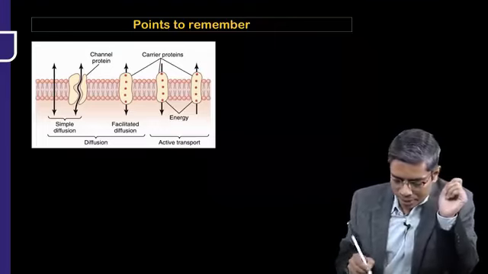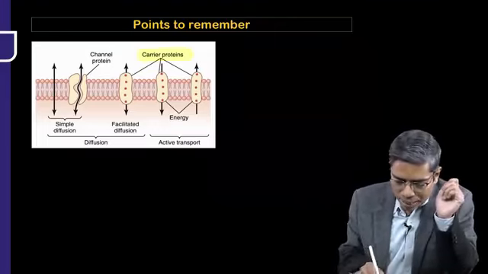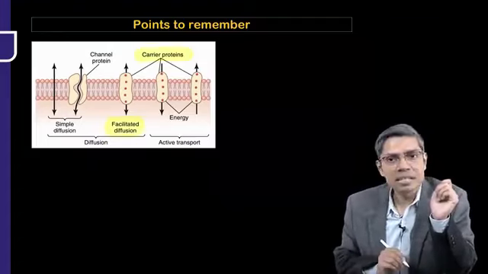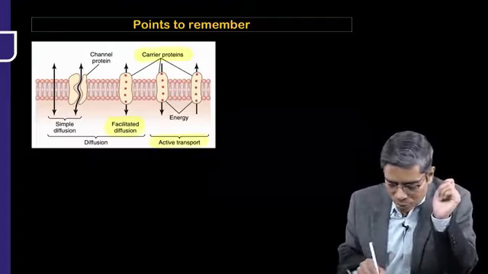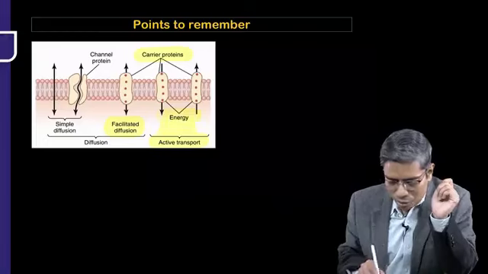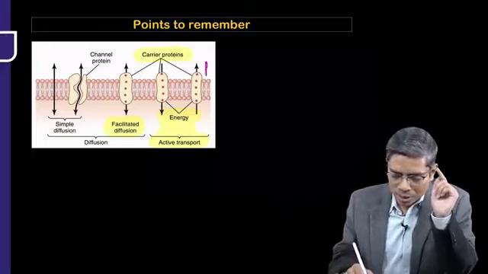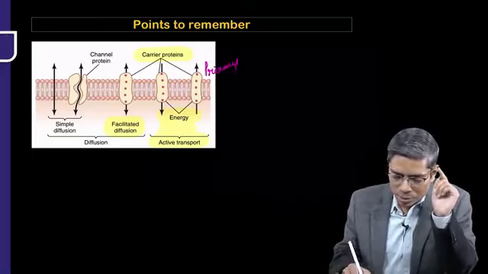So look at here, this is taken from Guyton. Carrier proteins can be used for facilitated diffusion, and they can be used for active transport also. Getting my point? Which type of active transport? It can be used for primary active transport as well as secondary active transport.